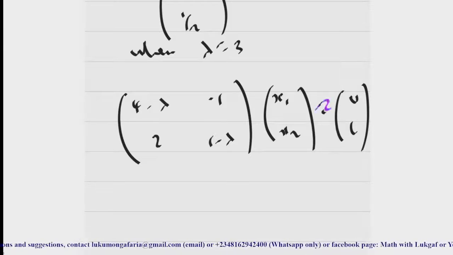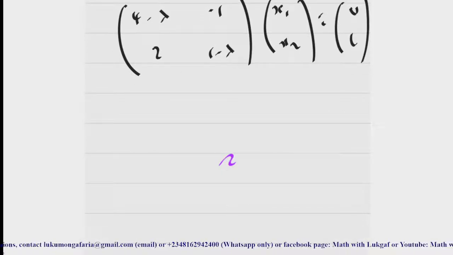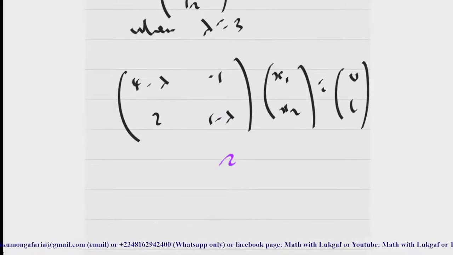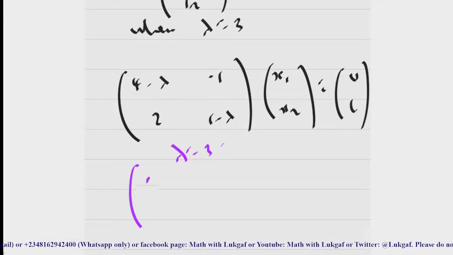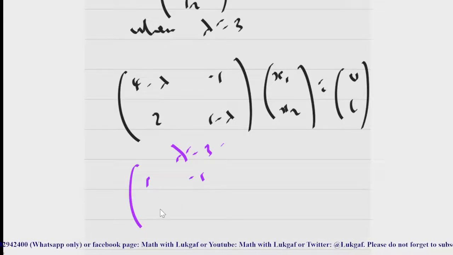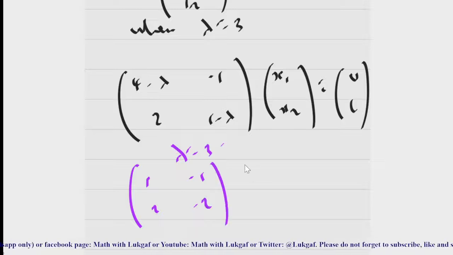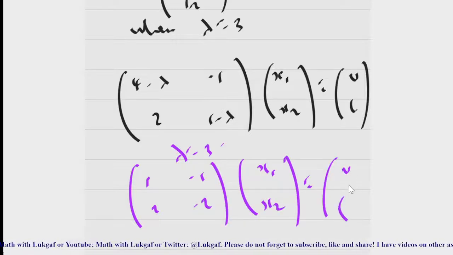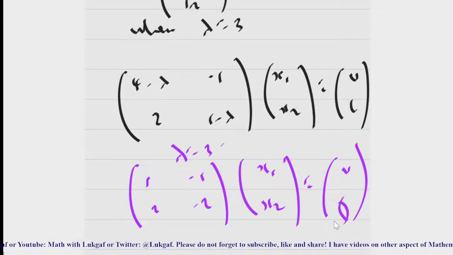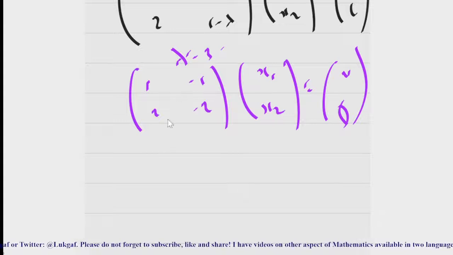If you proceed further and put lambda equal to 3, then you are going to have 1, minus 1, 2, minus 2, times x1, x2, equals 0, 0. I hope you understand. And if you proceed further, then I'm going to have what?